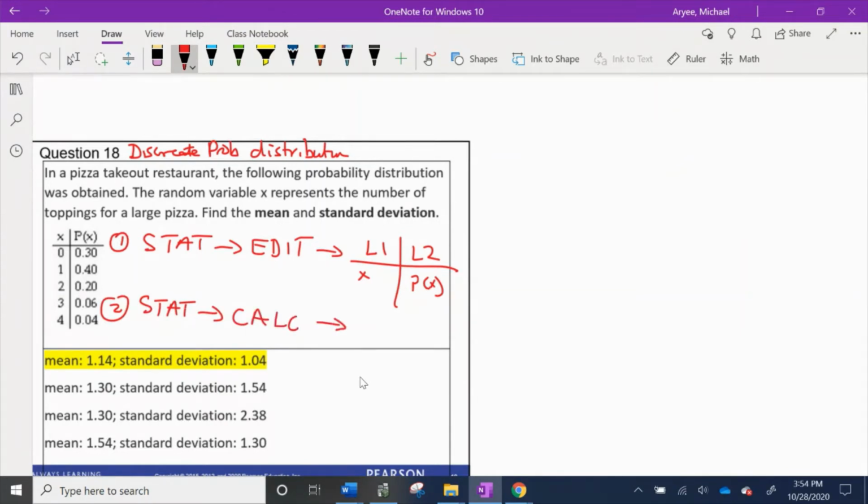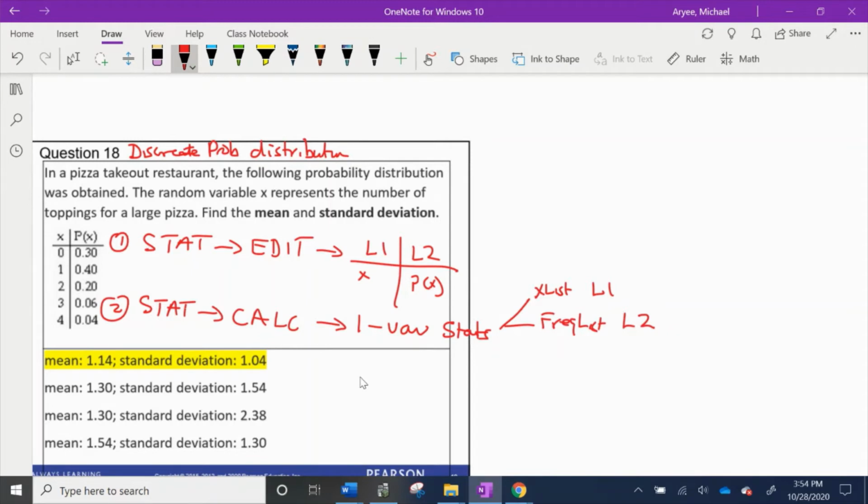And then you're going to select one-var stats. When you select one-var stats, it's going to ask you for the X list, and you put L1, and it's going to ask you for the frequency list, L2.